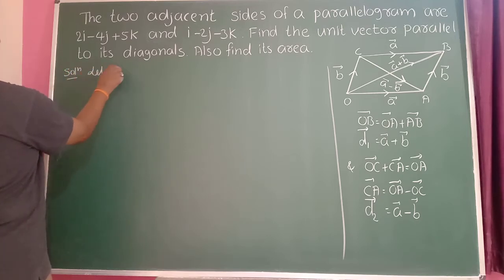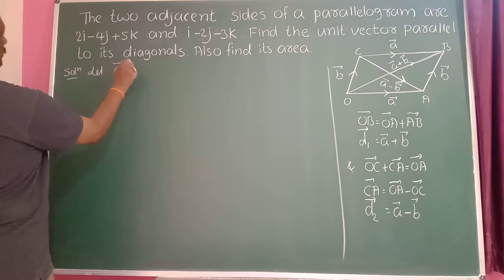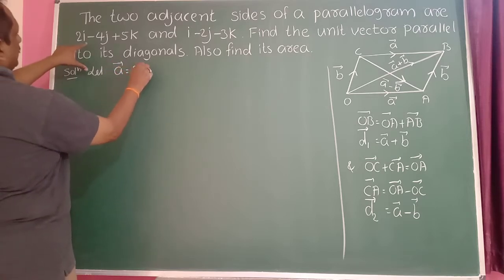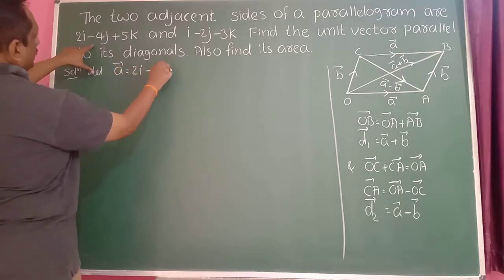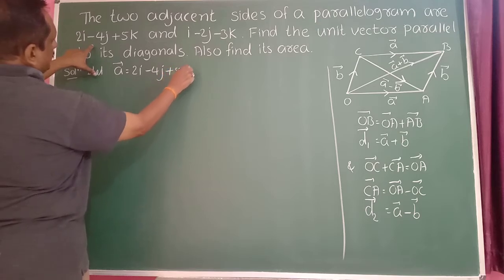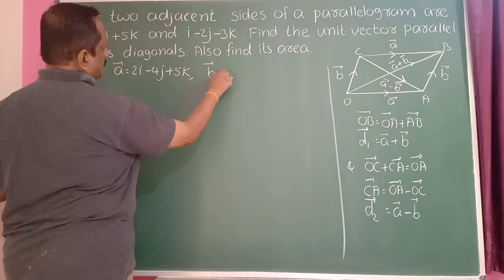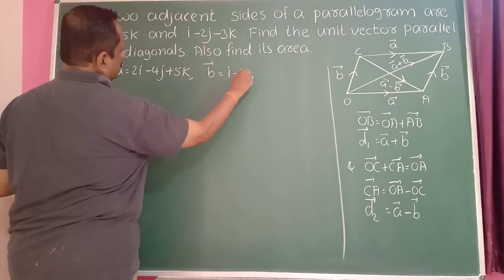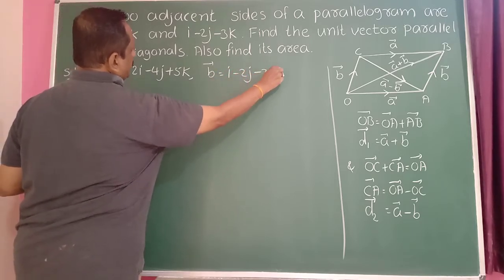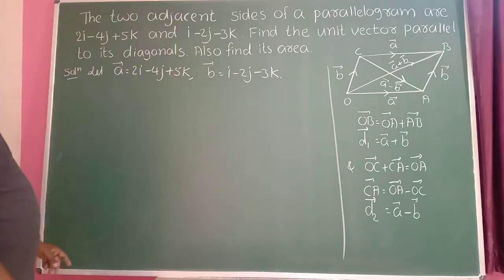Let A bar be equal to 2i minus 4j plus 5k, and the vector B bar equal to i minus 2j minus 3k.